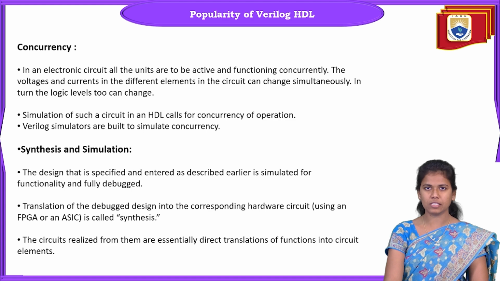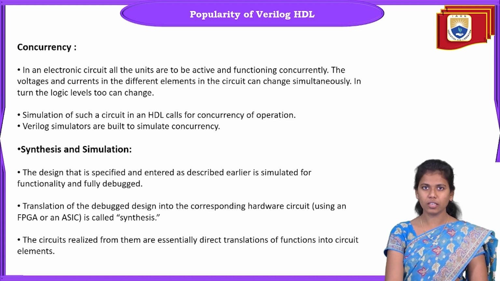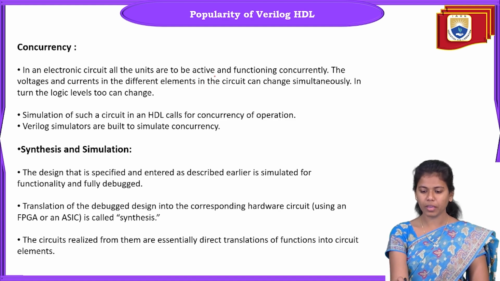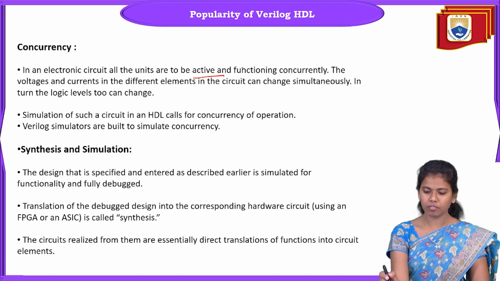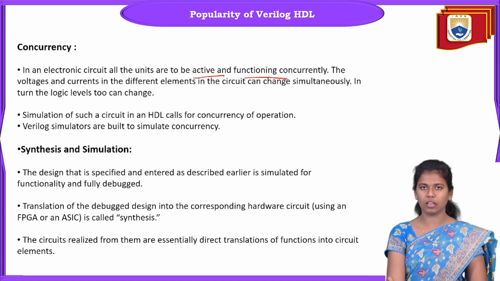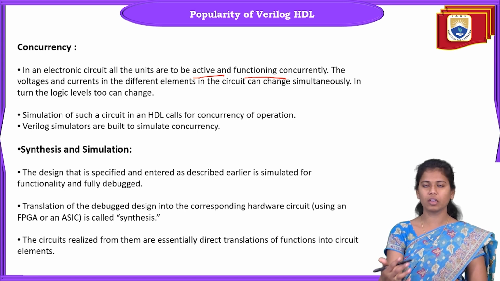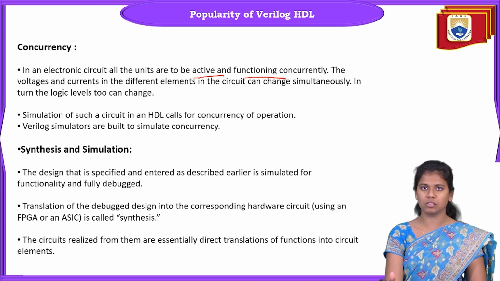First one is concurrency. So what is concurrency? Concurrency here in HDL means that in electronic circuits, all the units are active and functioning concurrently. All the modules, all the electronic circuits, all the devices will be acting concurrently, parallelly.